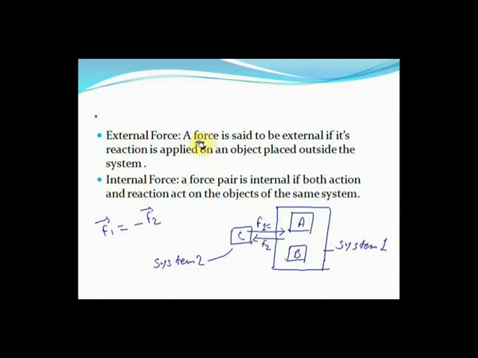It says that a force is said to be external if its reaction is applied on an object placed outside the system. So the reaction of force F1 is F2, which is being applied on block C, and block C is not part of system 1. So this implies that F1 is an external force on system 1.